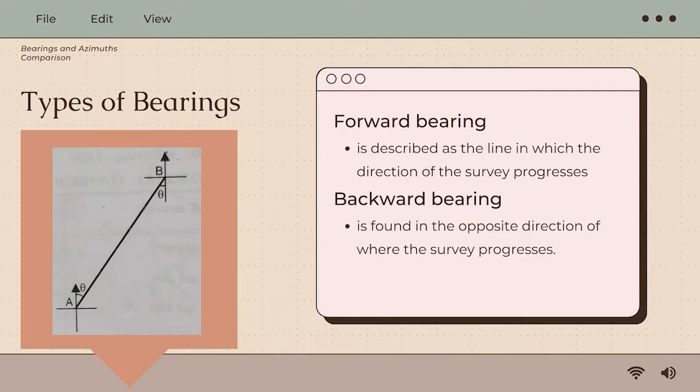Based on the picture shown, which shows the measurement of line AB, the forward bearing is found at A to B. Forward bearing is described as the line in which the direction of the survey progresses, while backward bearing is found in the opposite direction of where the survey progresses. This means that it is measured from B to A.